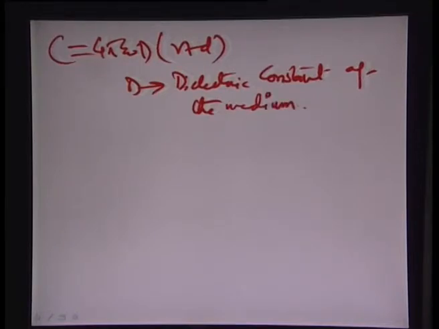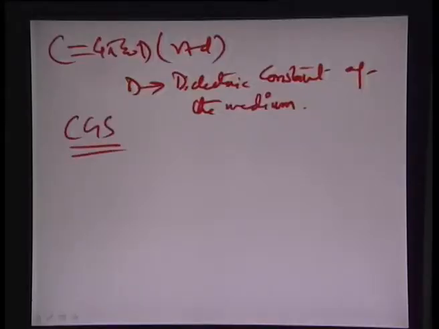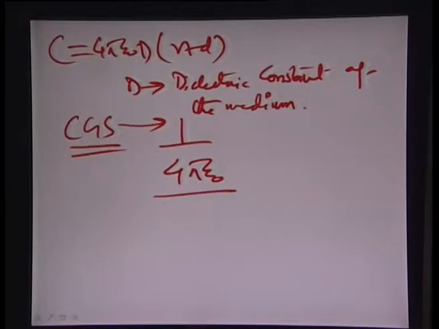One interesting factor I would like to mention is that most of these equations have been formulated using CGS units, centimeter gram second units, which I think I have discussed before in electroosmosis as well. In CGS units this 1 by 4 pi epsilon naught, this particular quantity, tends to 1.